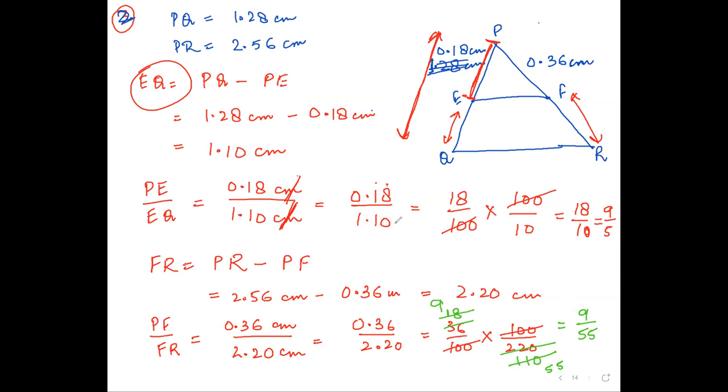In the first case, when I remove the decimal from the numerator, it's not 10, it's 110, isn't it? So 110, if I reduce by 2, again I'm going to get 55. So 9 by 55 I'll get. So here also I'm getting 9 by 55. So therefore EF is actually parallel to QR.